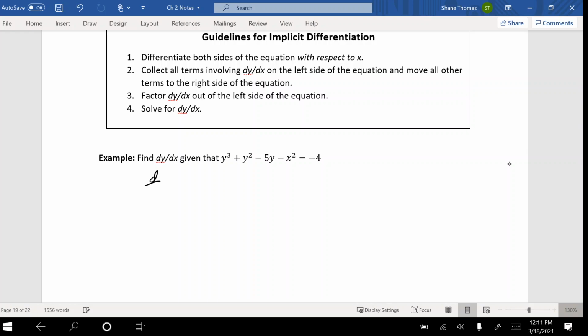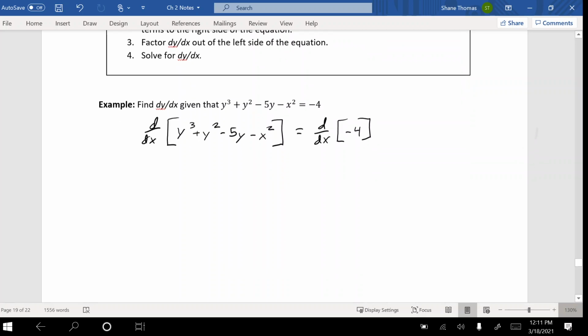So d dx of the whole left side, y cubed plus y squared minus 5y minus x squared, equals d dx of negative 4. Okay? I'm going to find the derivative of both sides with respect to x.